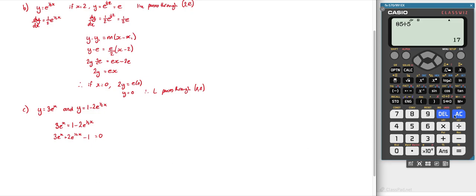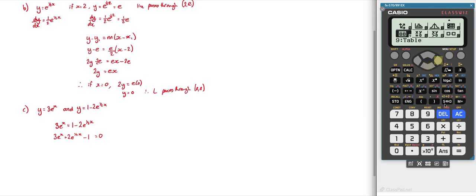So let's find out what the solutions of the quadratic would be. So let's go into the equation. We're going to go polynomial, degree 2. I want 3, I want 2, and I want minus 1. So I'm going to get, therefore, e to the half x is a third, or e to the half x equals negative 1.